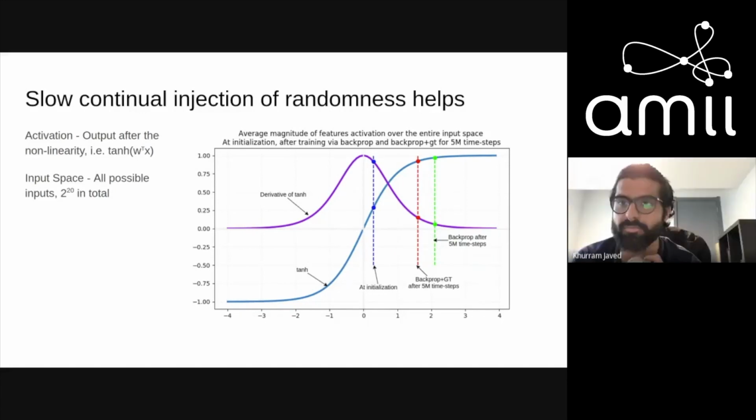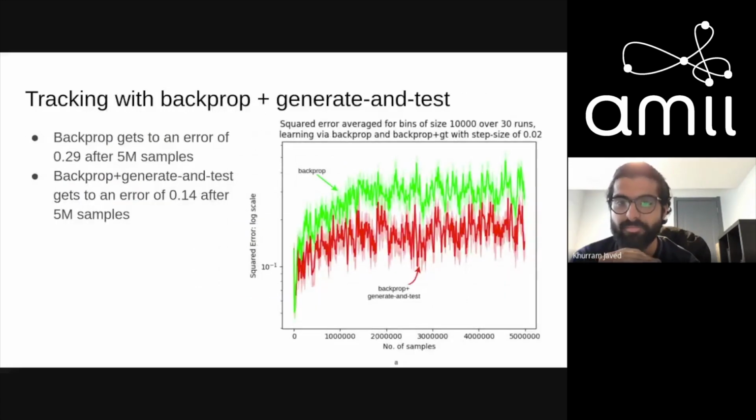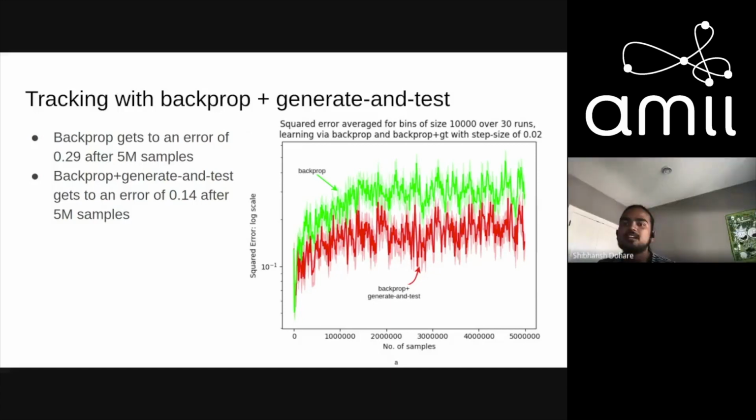Yeah. I have another question. Can you go back to the slide in which you show the difference between generate-and-test and SGD? For this specific problem, it seems like when you start from completely random features, those features are already pretty good. In fact, your loss is running and then it increases because you go to the saturation points. No, this is actually the loss averaged over the last 10,000 points.